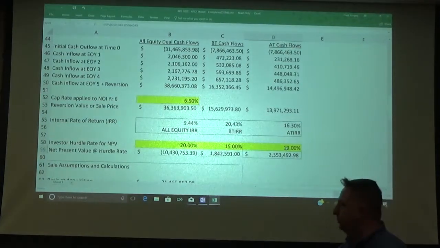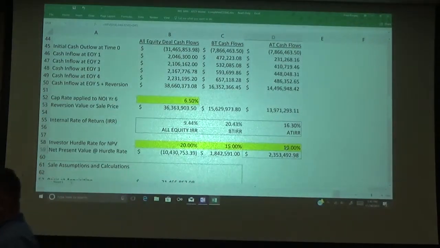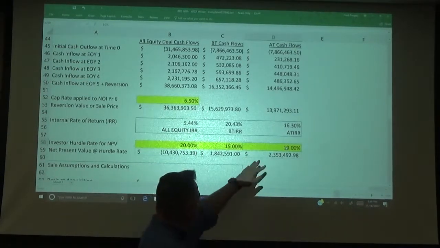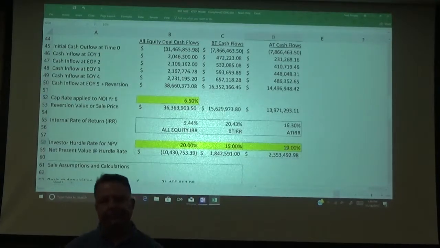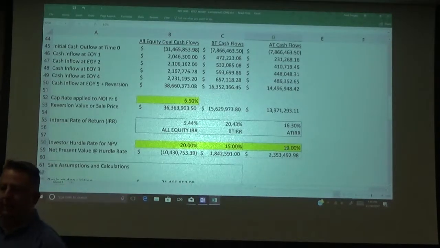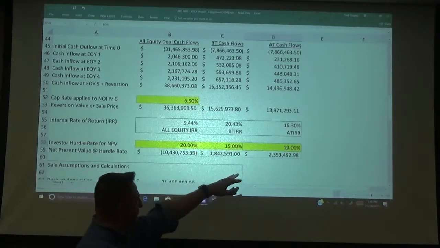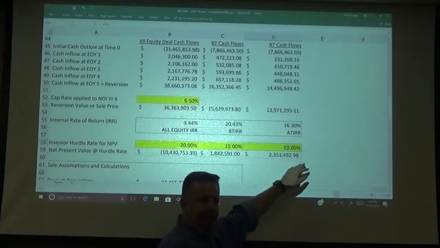Okay. Now, so let's do this. What if I were to say, on an after-tax basis, I want to net $500,000 with my hurdle rate?